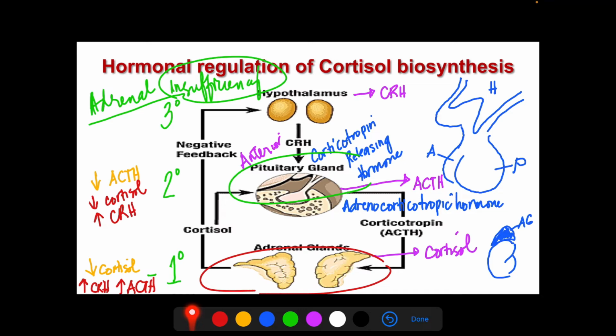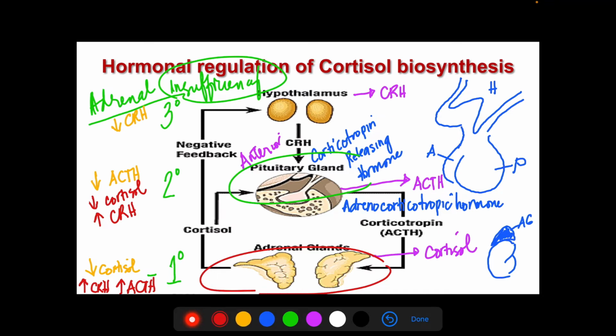Okay? How about in the tertiary AI? In the tertiary AI, what is affected? It's the hypothalamus. So what do you think will happen? In the tertiary AI, the CRH is decreased. So again, they are interconnected.